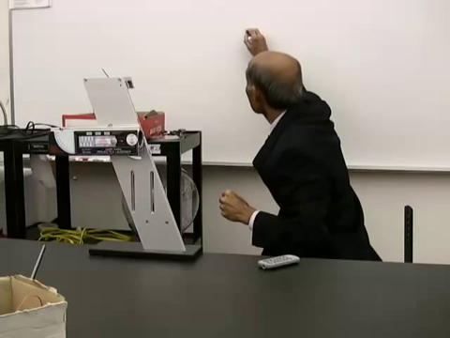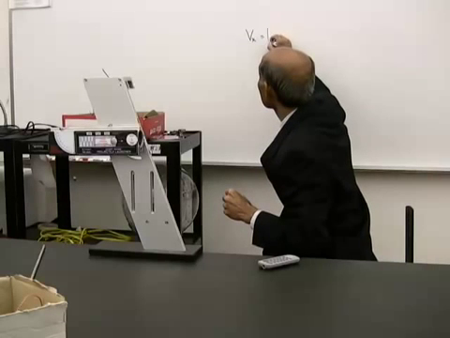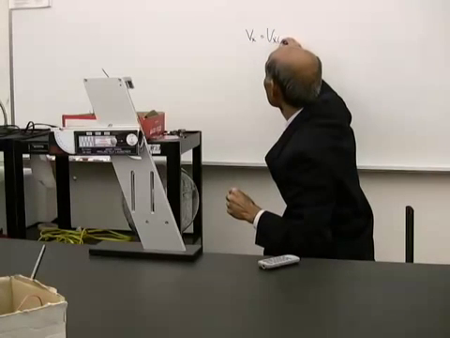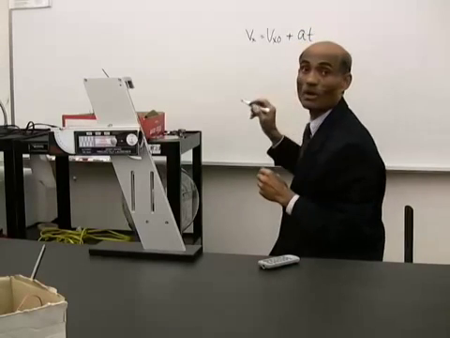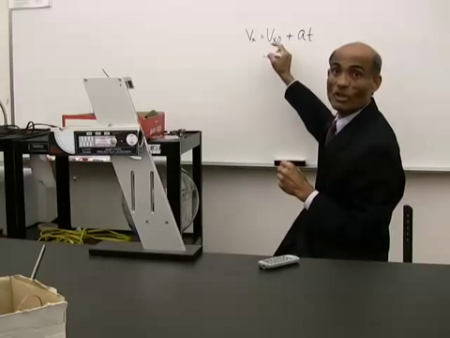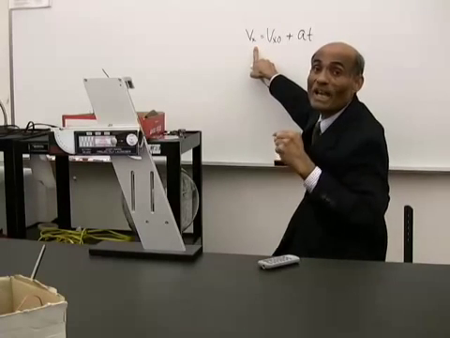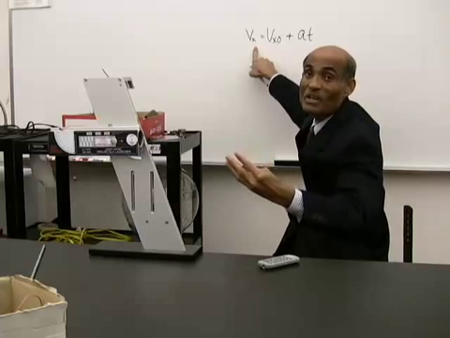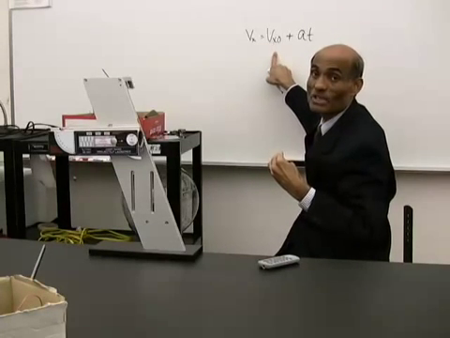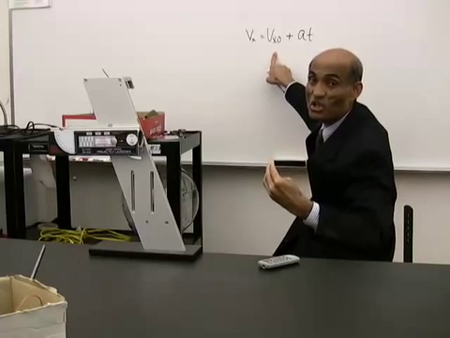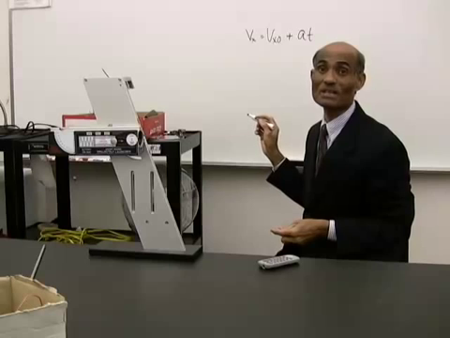The first equation will be Vx equal to Vx0 plus at. What does that equation mean? Vx is the x velocity at any given time, Vx0 stands for the initial x velocity, plus a times t.